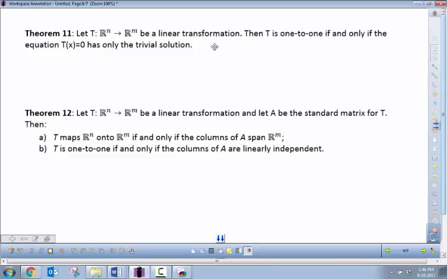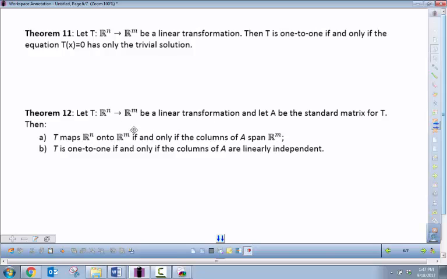If we have a linear transformation, then it's one-to-one if and only if T(x) = 0, remember that's a homogeneous system, only has a trivial solution. Columns are linearly independent. Is that what that means?